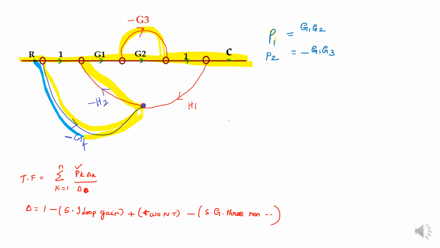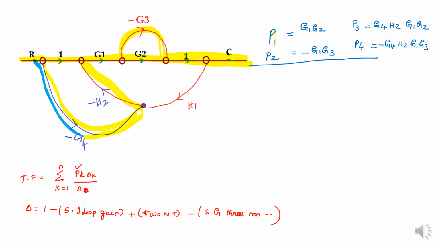And what is the third forward path? Third forward path is minus G4, minus H2, G1, G2. So P3 equals G4, H2, G1, G2. P4 equals G4, H2, G1, G3, so minus G4, H2, G1, G3. So the forward paths are over.